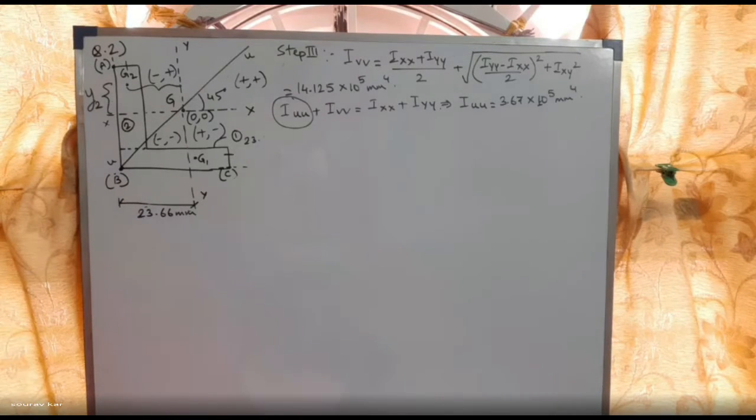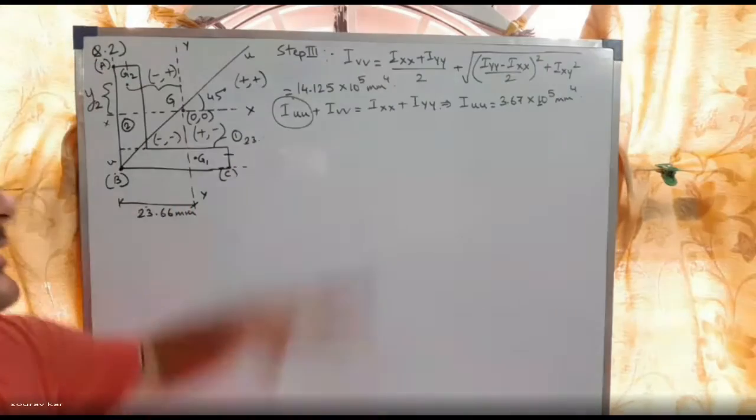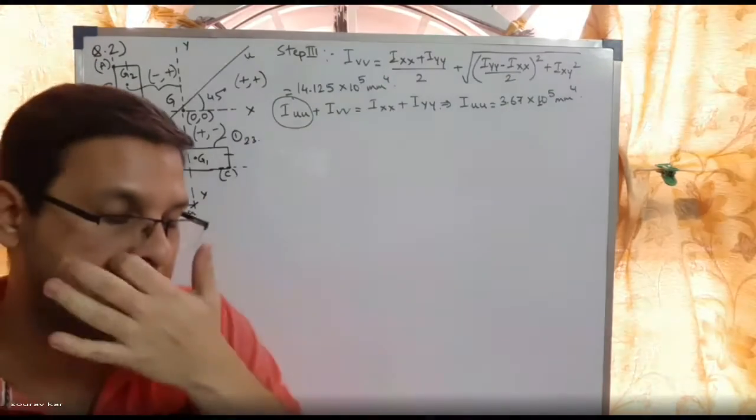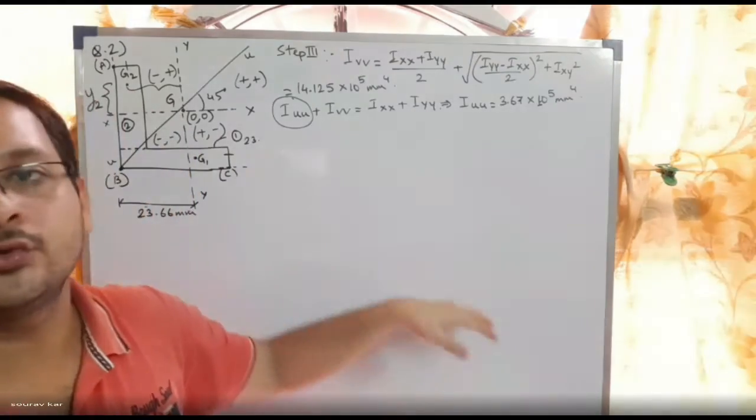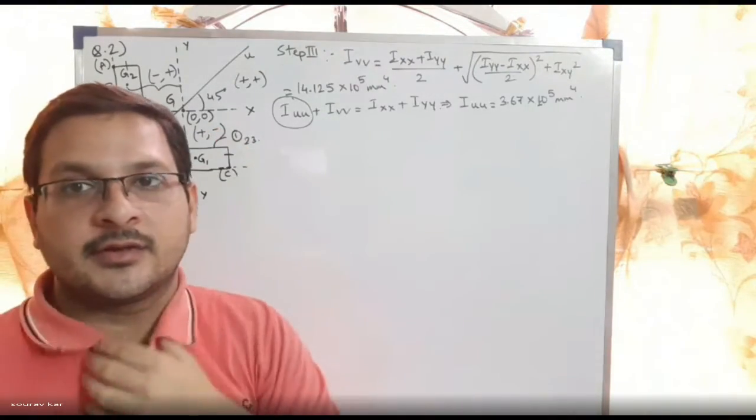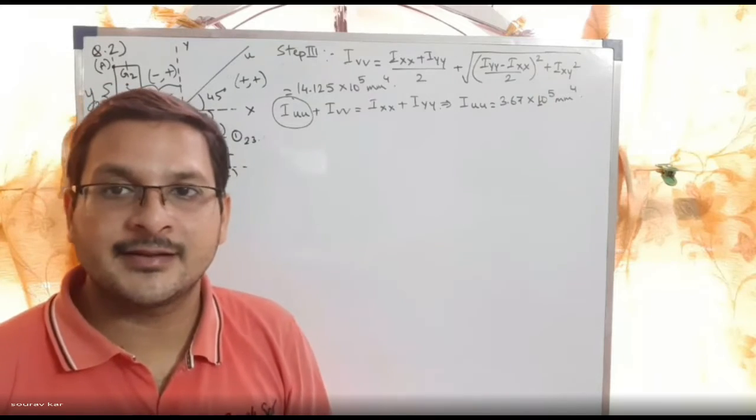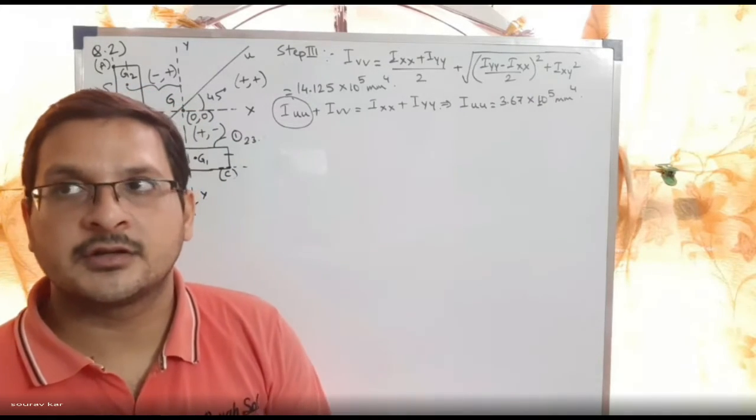Now we will come to step 4. These are all the things which we have learned previously in the previous class. What I will do after this is new for this class. Now we have to find out the bending stress. Also we have to find out the deflection.